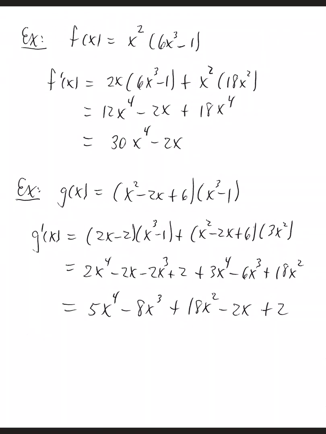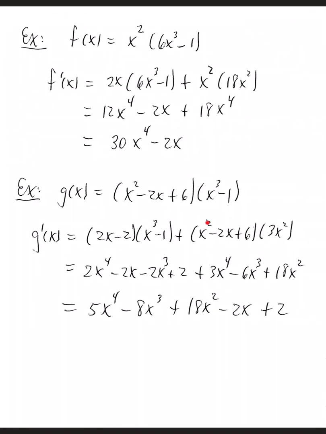Remember, any constant has a derivative of 0. FOIL, that's 2x to the fourth minus 2x. And when I say FOIL, I mean first, outer, inner, which is negative 2x cubed, and last, positive 2.